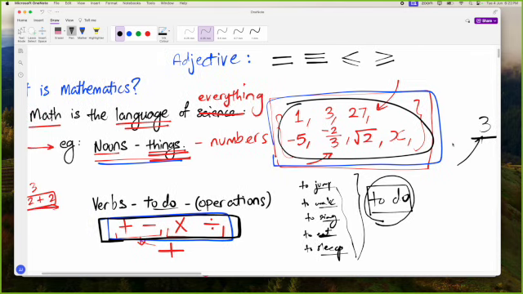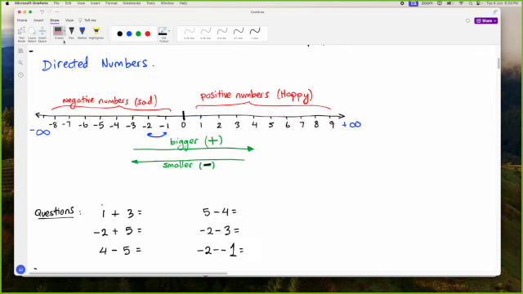Any questions? So you could see here we are talking about directed numbers, and this should be familiar to you, right? You see in here what we're talking about is a number line. And in the middle of the number line, we have the 0. And getting greater than 0 is going in this direction.